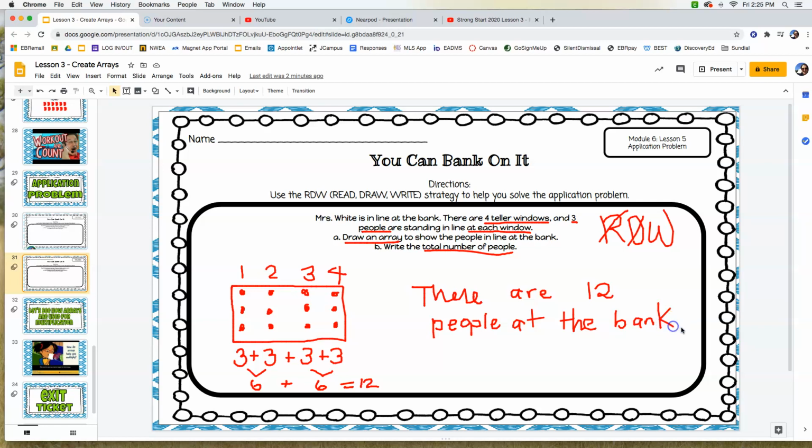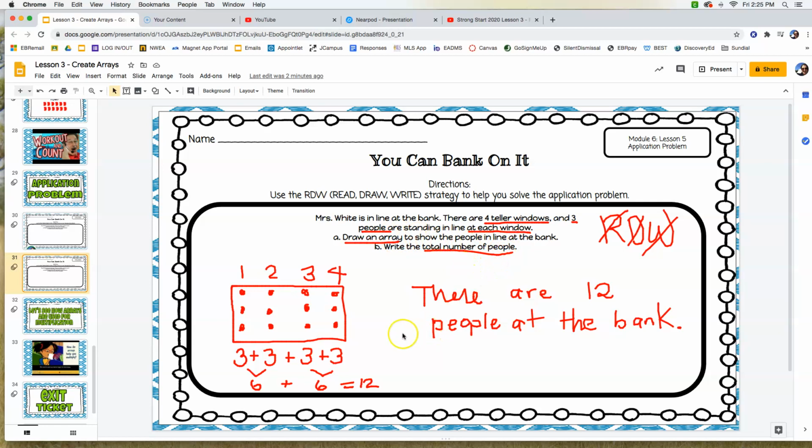Remember, sentences begin with a capital letter and they end with a punctuation mark. In this case, it's a period because we're saying a statement. All right, there are 12 people at the bank. We cross off our W. We wrote our word sentence and our number sentence that answers the question.